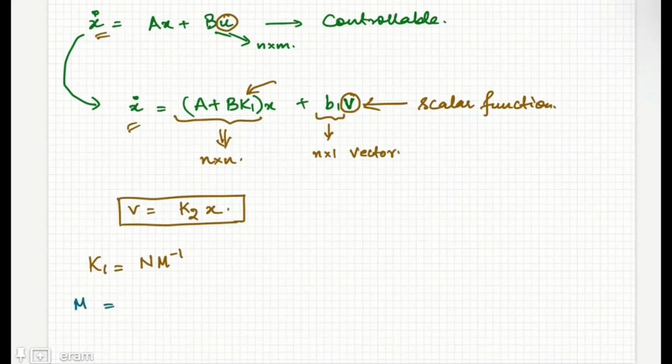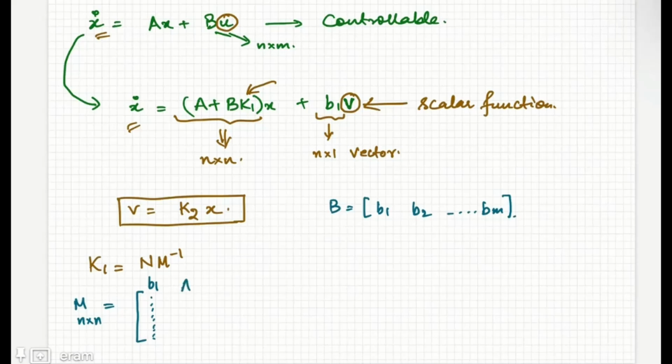this M can be constructed of the size n cross n, and it should be constructed in such a way that its first column is the first column of matrix B. Suppose our B is of the form B1, B2, up to Bm, then the first column of M will be B1.